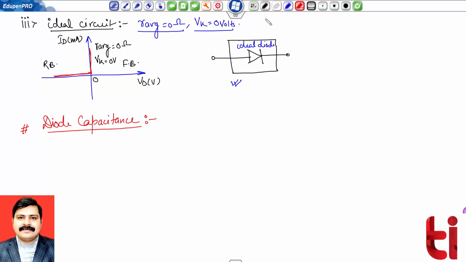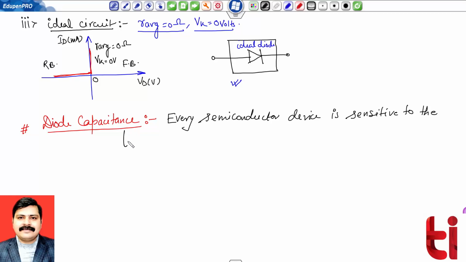So what is the importance and requirement of this particular article? You can check, every semiconductor device is sensitive to the frequency.